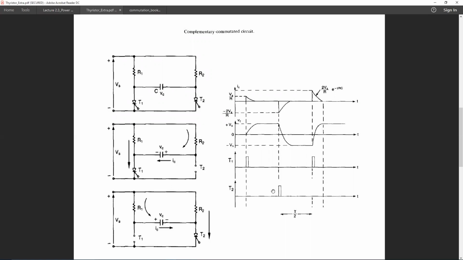If we try to turn on T2 or give a gate pulse in T2 in this time, this plus terminal or this positive voltage will be connected through T2 to the cathode of T1, and the reverse voltage is already connected to the anode.